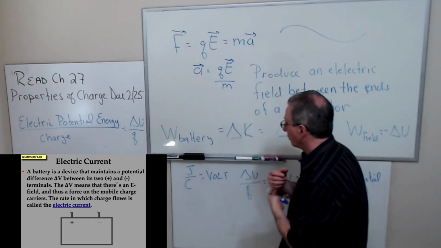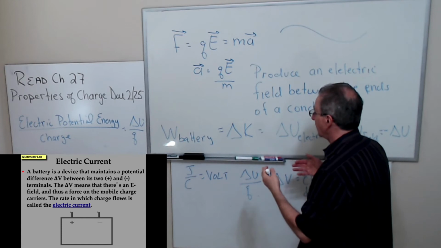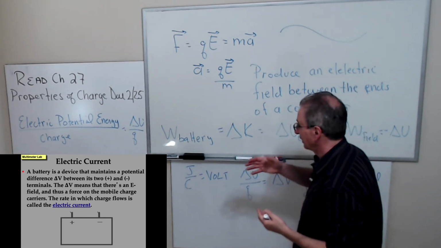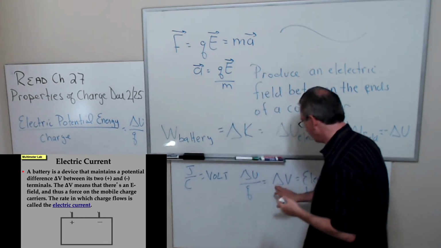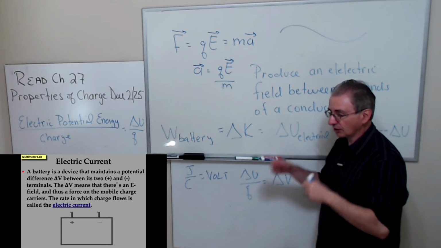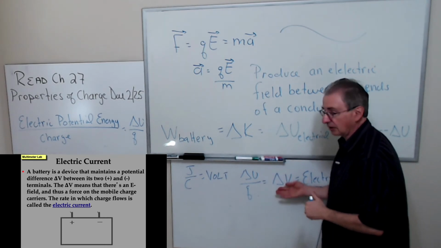Okay, so we will characterize a circuit based on how big of a push we're putting on the electrons, and basically how big of a delta V is across some element in a circuit, whether it's a wire or some other device. Make sense? So this is one of the things we're going to characterize.